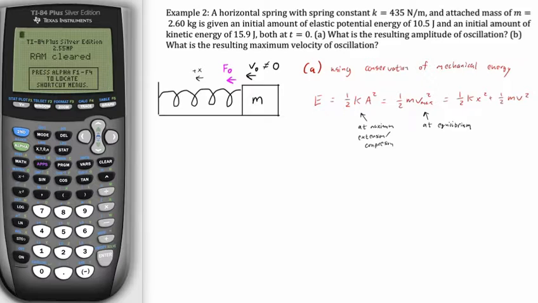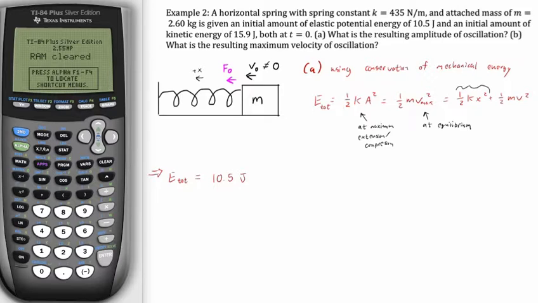Okay, so in this problem, we are told that we start with a certain amount of energy. I'm going to call this total. We're told that the starting energy is a combination of kinetic and potential. Specifically, we start with 10.5 joules of potential energy.